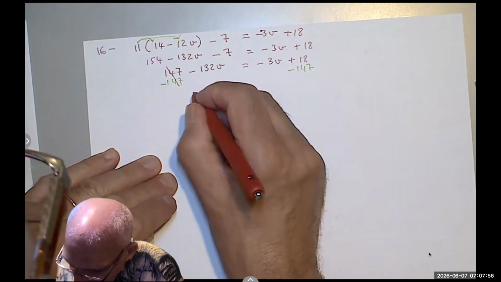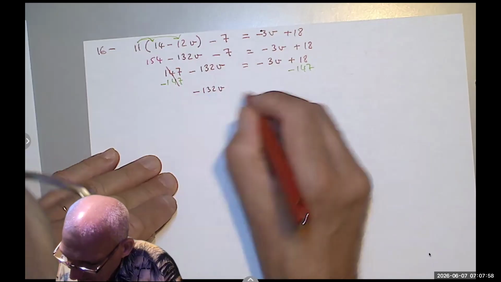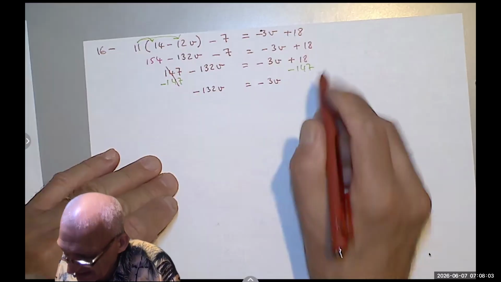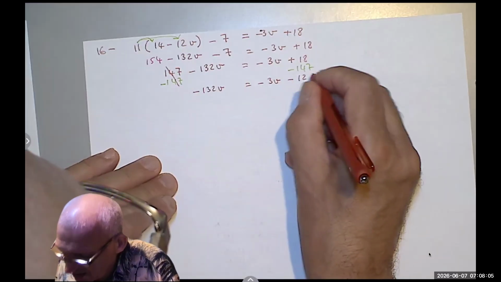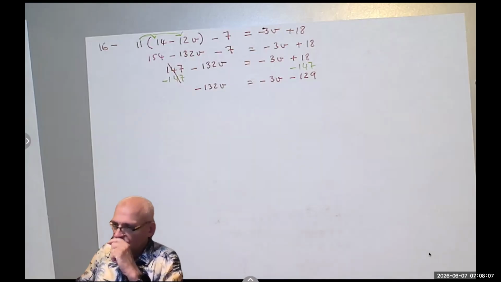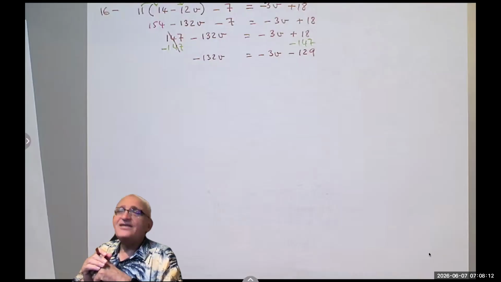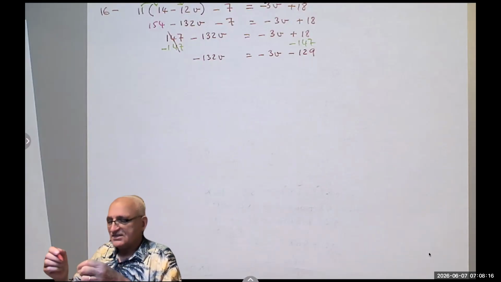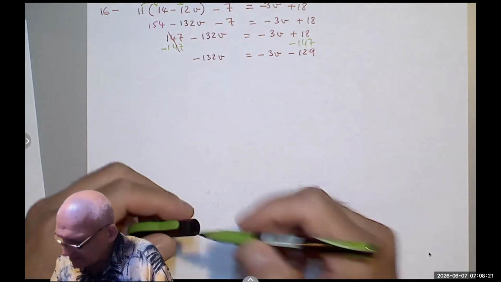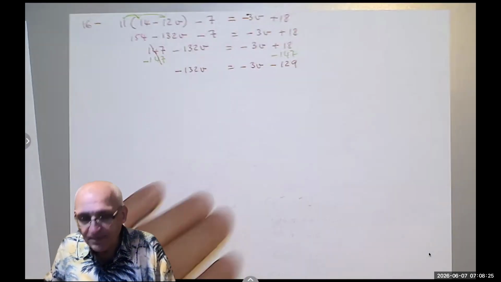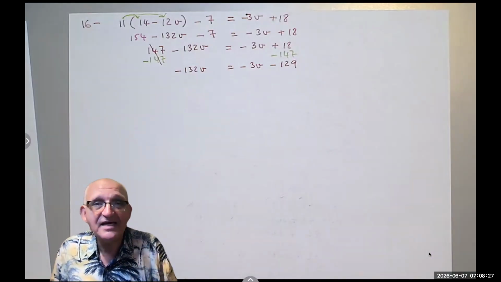So I get negative 132v equals negative 3v, and then I have a negative minus 129. Later on, when you get a problem like that and all the signs are negative, you can just make them positive. How? Doesn't that change the problem? No, it's not going to change the problem because I'm going to multiply both sides by negative 1.